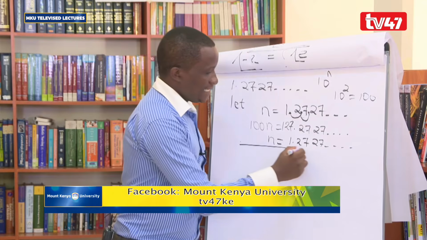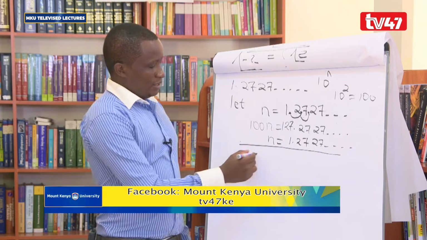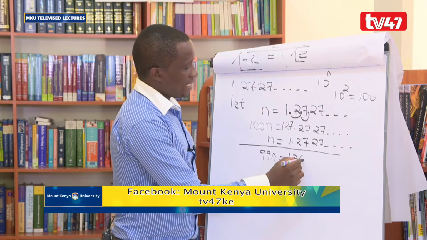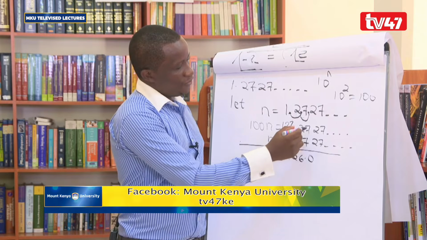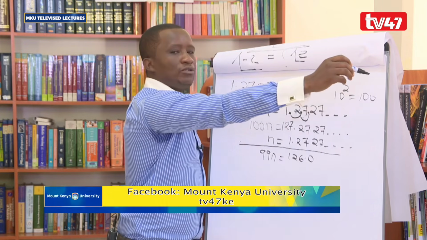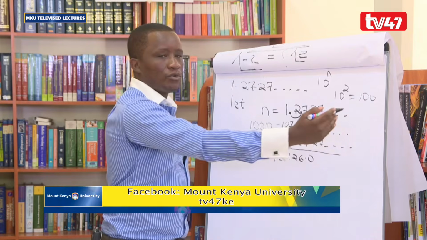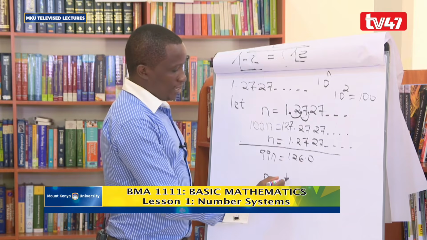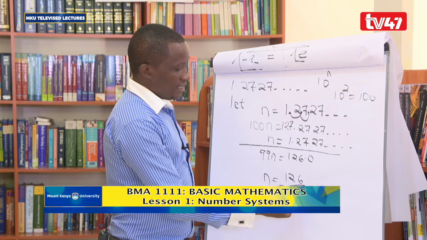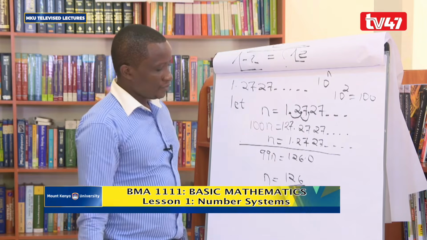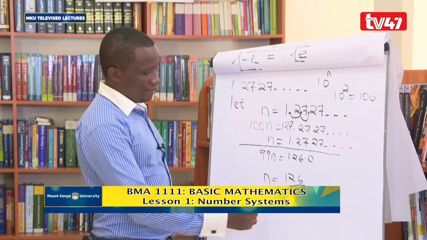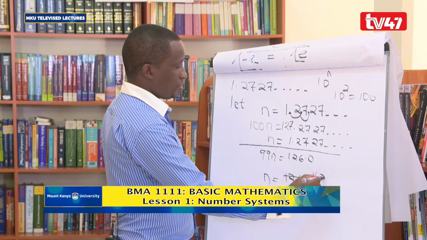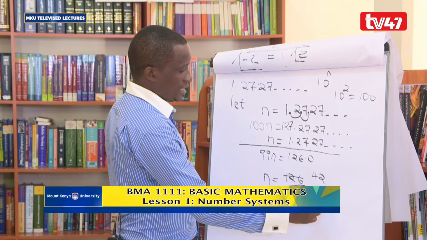And now, if we attempt to subtract the two, this becomes 99n is equal to 126.0. You notice that each of these cancels out wherever it goes. So the part after the decimal disappears in both cases. So we have then n is 126 divided by 99. And you notice that this can be simplified by 3. This becomes 42, and by 3, this becomes 33.